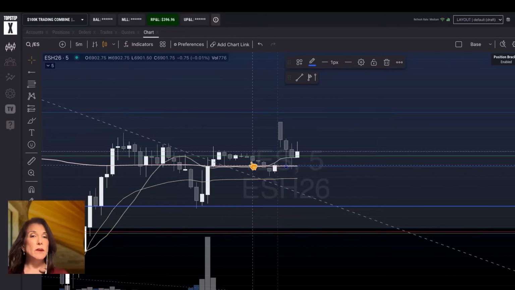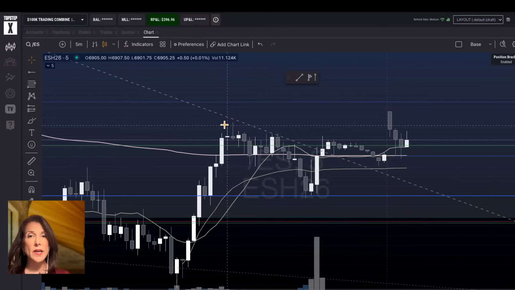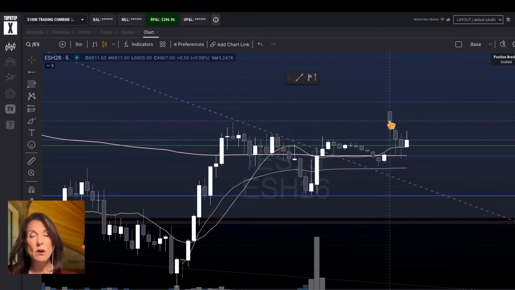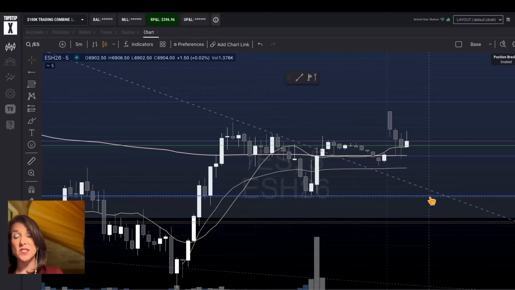For me, this is a space where I can look at the entire thing and say, wait a second, I had buyers all the way up to here, and I have buyers and sellers all the way around here. So what I know is that at this point down here at 68.90, I've got some buyers from the last time they were there.